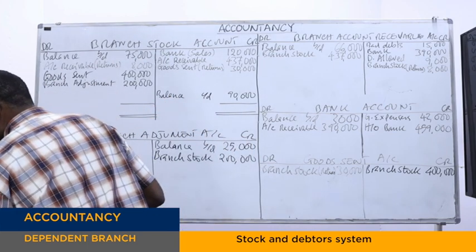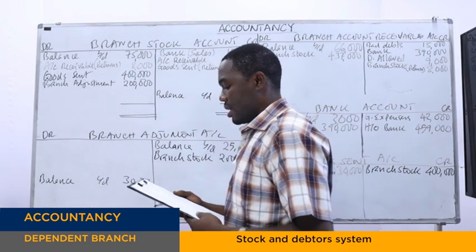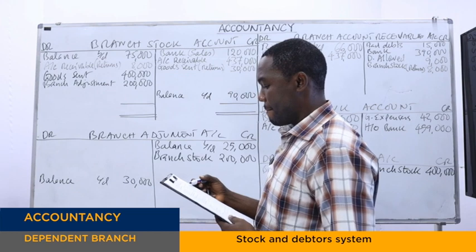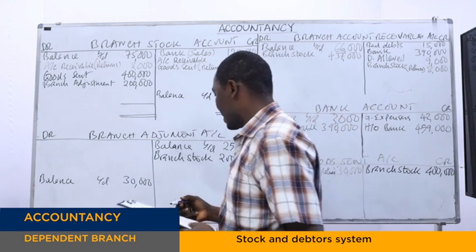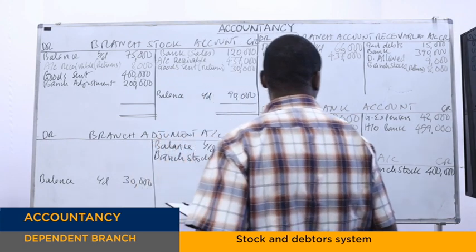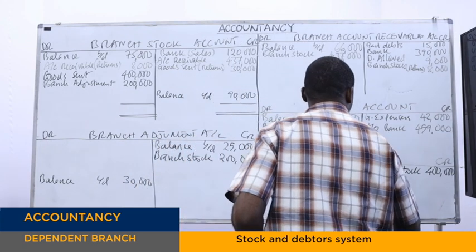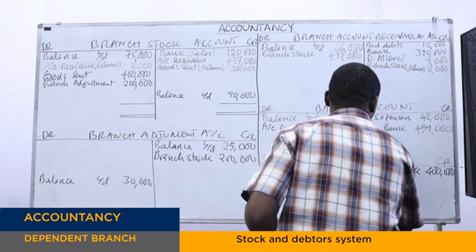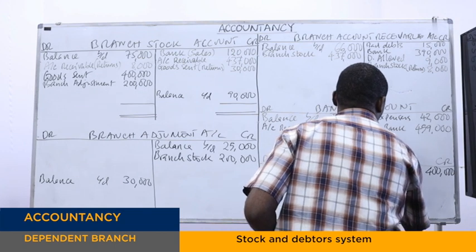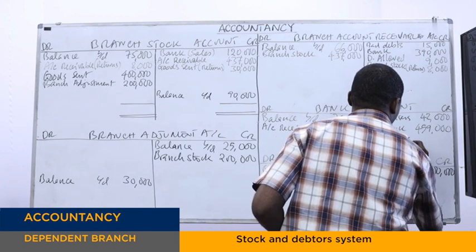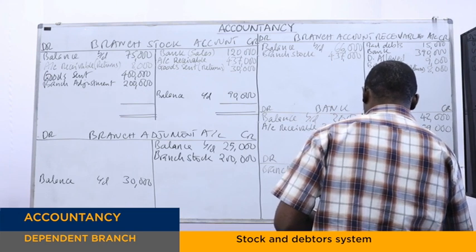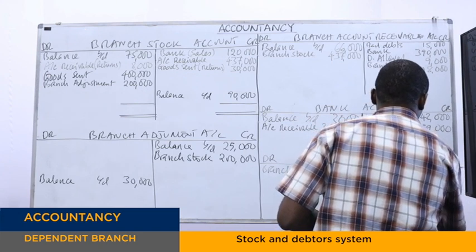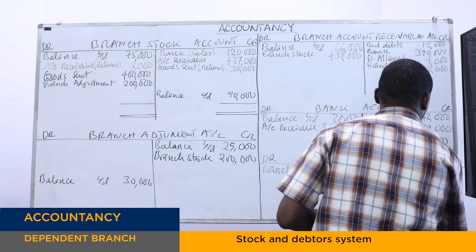What next? We have ending balance for bank 12,000, that is balance c/d, positive, yes, 12,000.